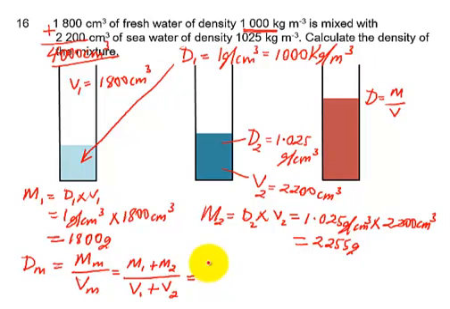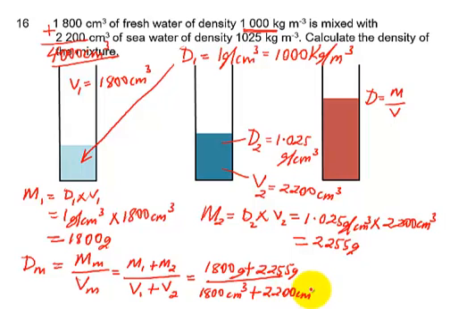We have already seen that M1 is 1,800 grams, M2 is 2,255 grams, V1 is 1,800 centimeters cubed, V2 is 2,200 centimeters cubed.